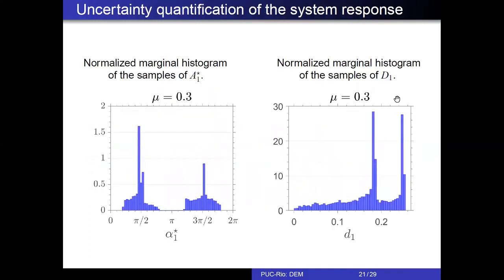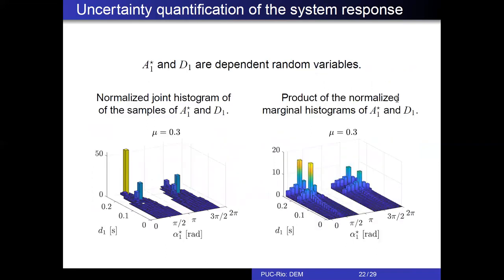Now, let's see for the friction coefficient 0.3, the normalized histograms of the samples of A1 star and D1. As we know, A1 star and D1 are dependent random variables. To verify this, we plotted the normalized joint histogram of the samples of A1 star and D1 and compared it with the product of the normalized marginal histograms of A1 star and D1, which I showed before.